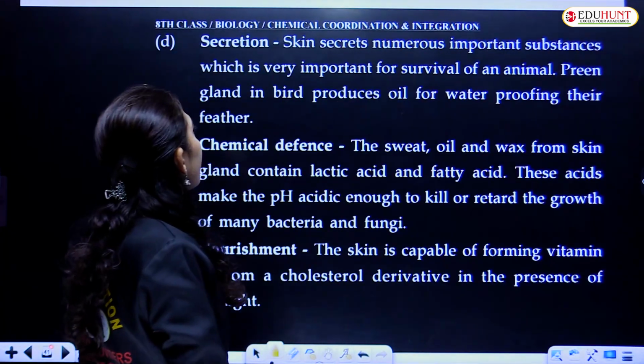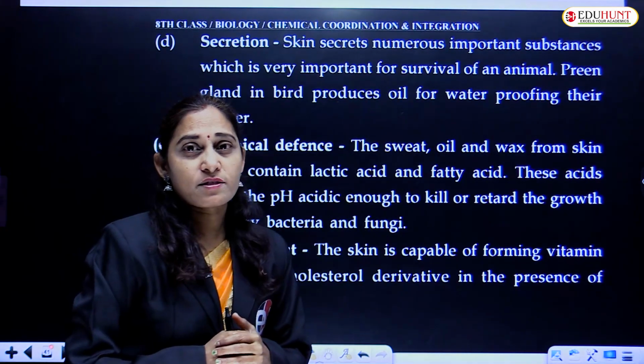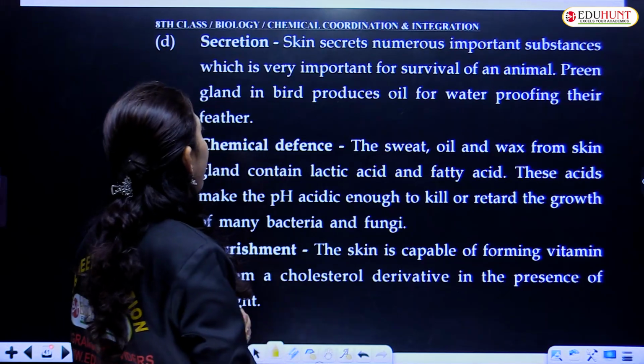And next is the secretion. Skin secretes numerous important substances like oily secretions, from the sebaceous glands we have.